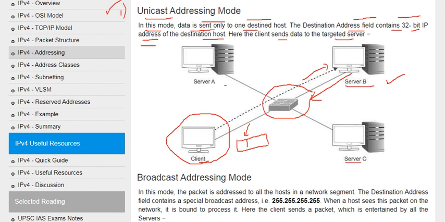So here client can send the data to the targeted server. So in this fashion the working will happen in this unicast addressing mode.